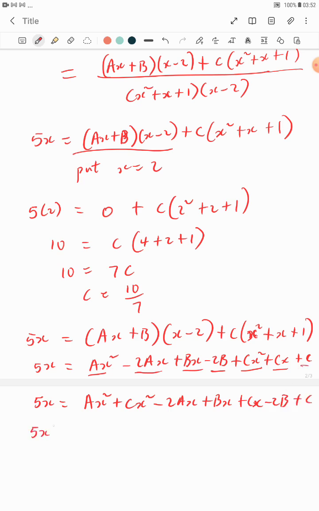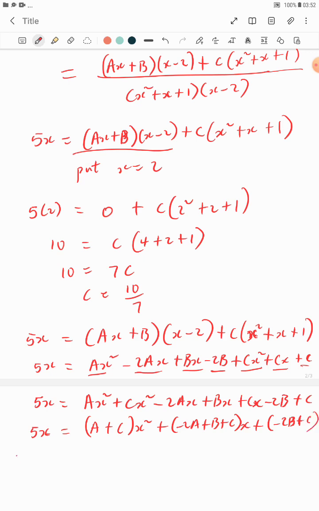So we have 5x equals (a plus c) x squared, plus (minus 2a plus b plus c) x, and then plus (minus 2b plus c). So this is what we have.